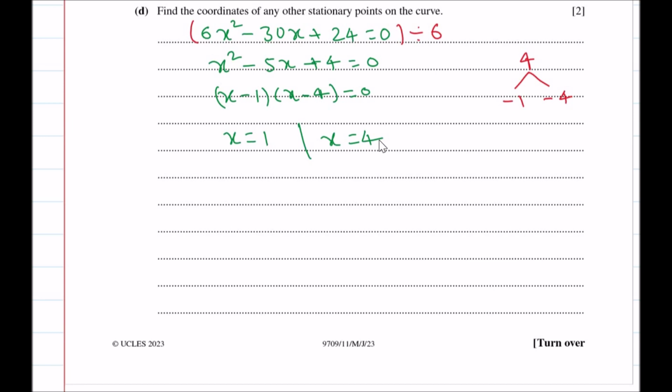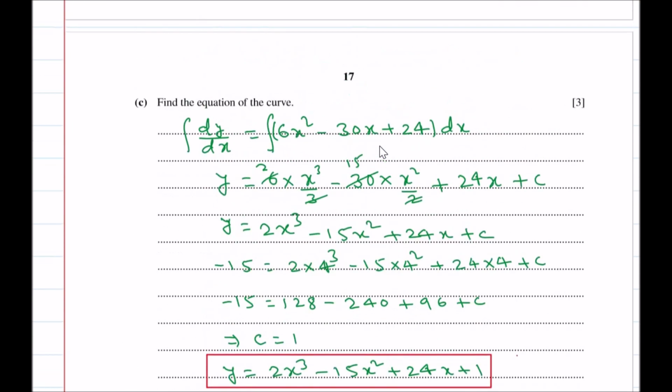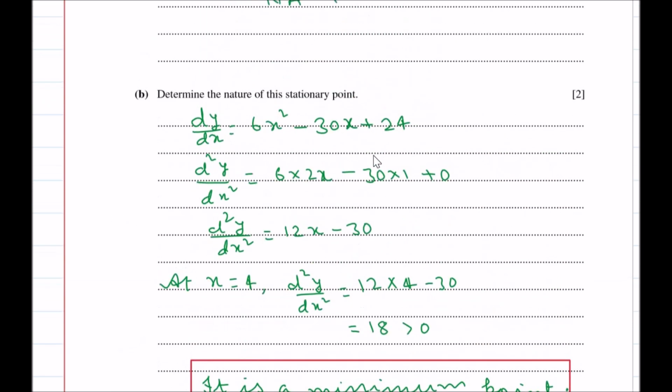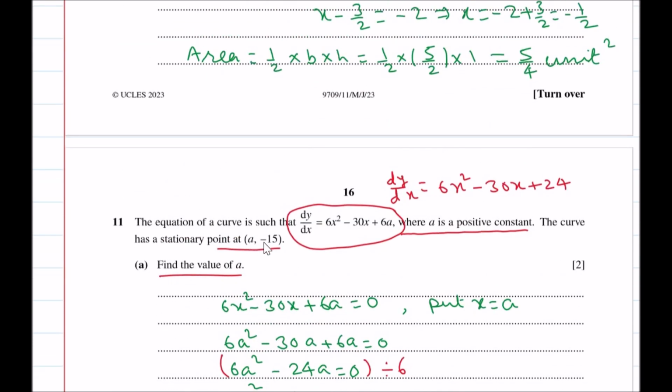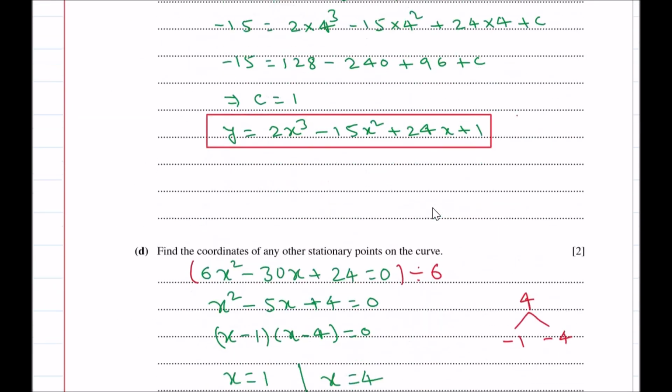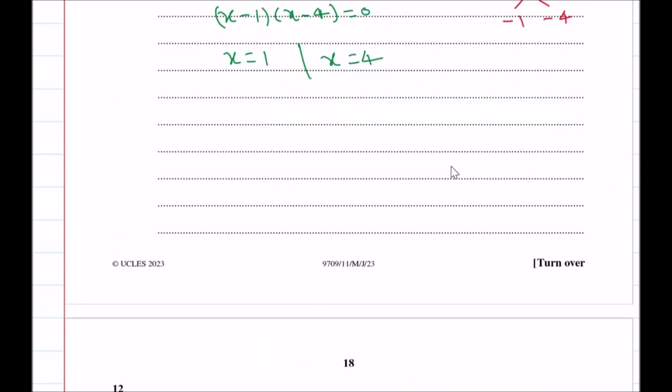X equal to 4 is already taken here. You can see here we already have 4 and minus 15. This is one of the stationary points. So we don't need to find y for this.